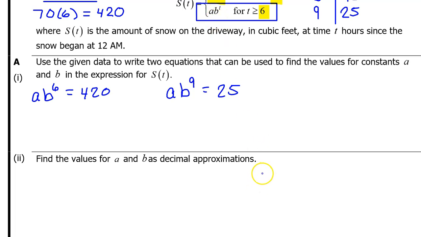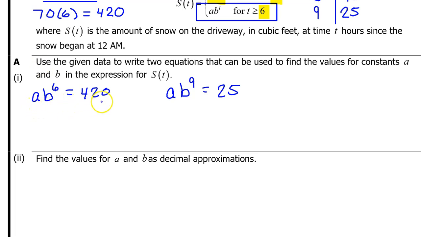But very often you will be given a variation of this that might be something like a times b to the t plus 1 power, or it might be a times b to the t over 12 power. If it's a variation like this, you cannot use the regression capabilities of your calculator, and you have to do it by hand. So that's why I want to show you how to do it by hand first.